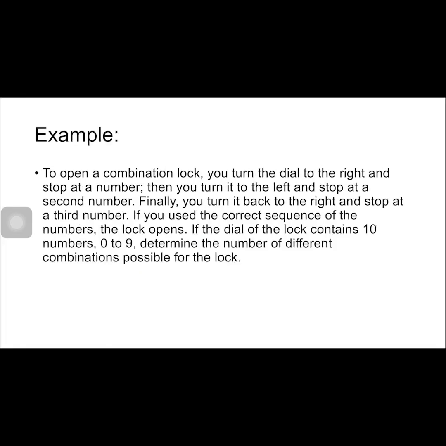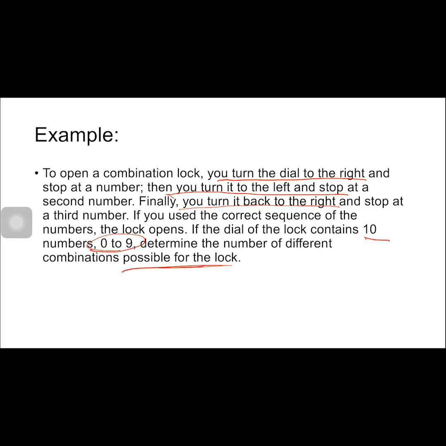Then, another example. To open a combination lock, you turn the dial to the right and stop at a number. Then you turn it to the left and stop at a second number. Finally, you turn it back to the right and stop at a third number. If you use the correct sequence of numbers, the lock opens. So if the dial of the lock contains 10 numbers, 0 to 9, determine the number of different combinations for the lock.